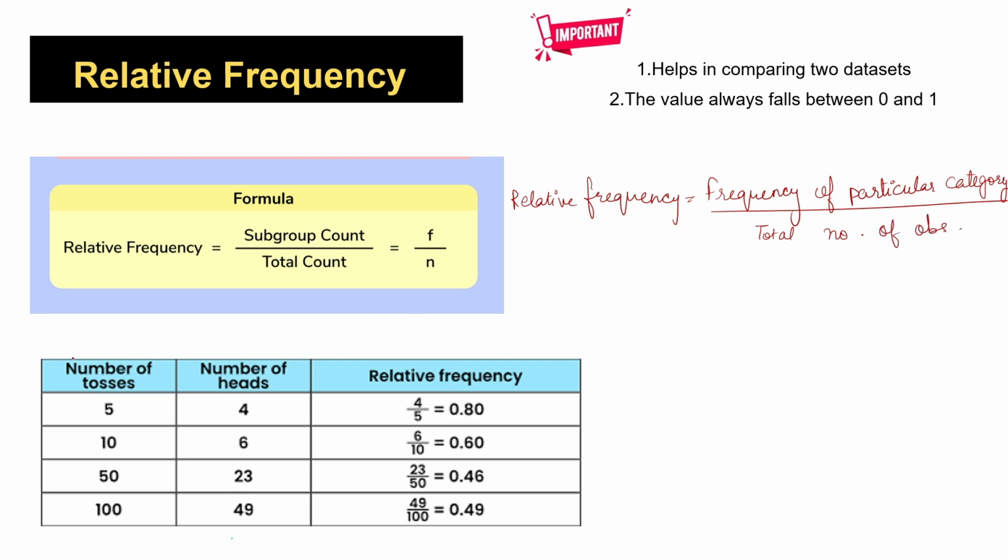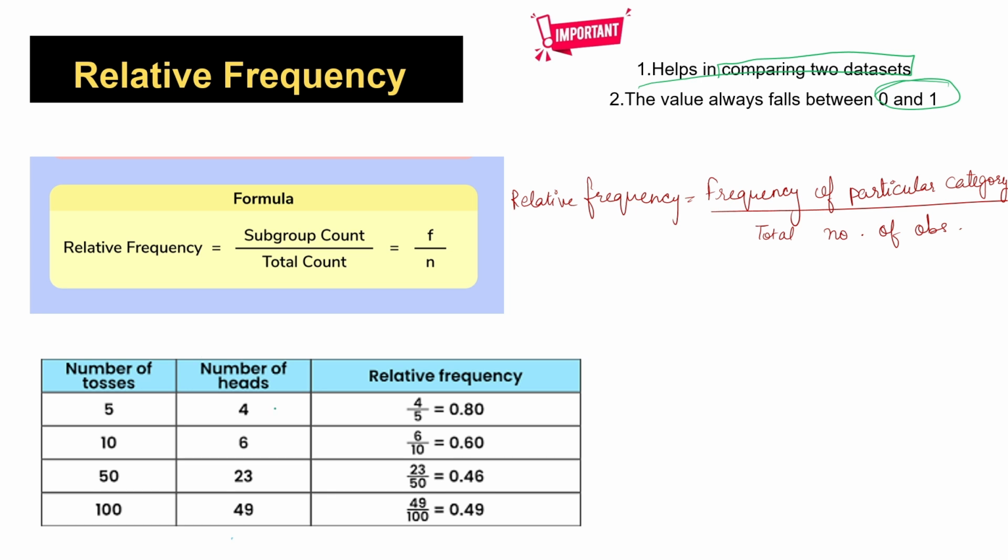Now here are two important characteristics of relative frequency. First, it helps in comparing two data sets, and its value always falls from 0 to 1, and it can't exceed 1.